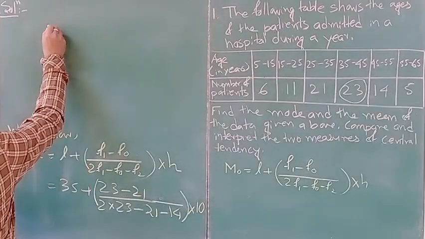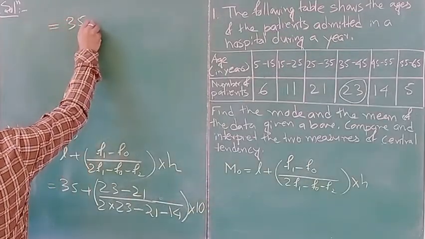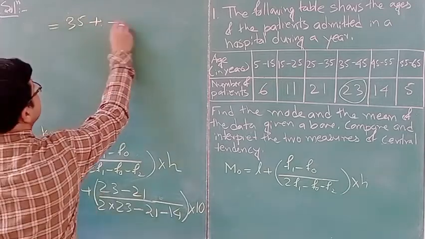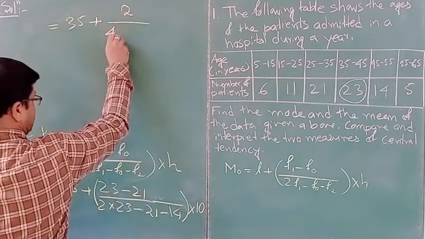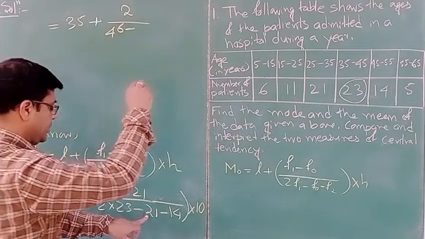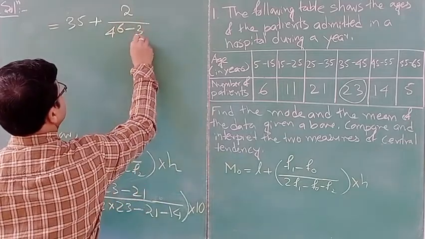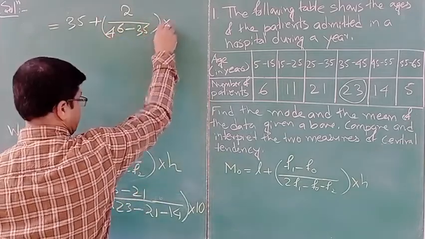So now let us continue the calculation. This is 35 plus (23 minus 21) is 2, over 46 minus their sum, which is 35, into 10.